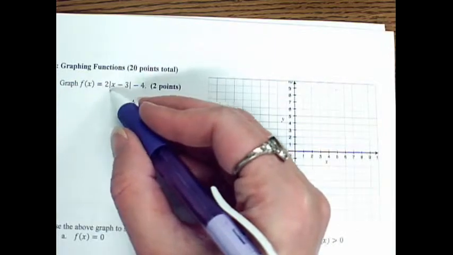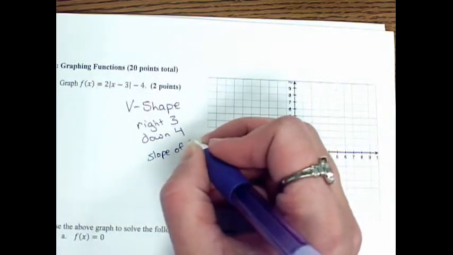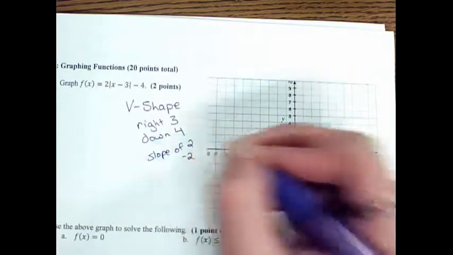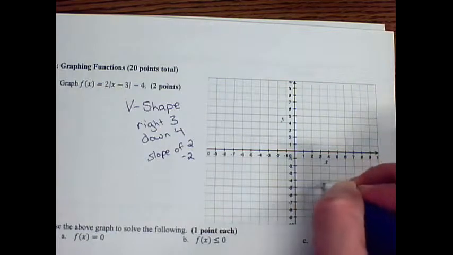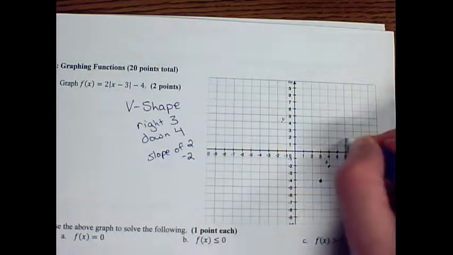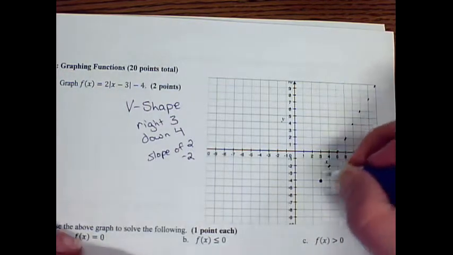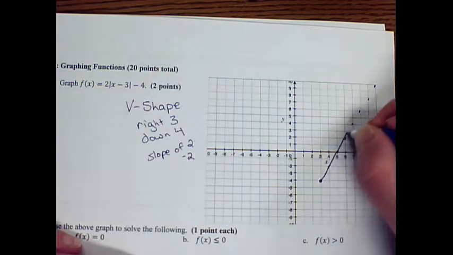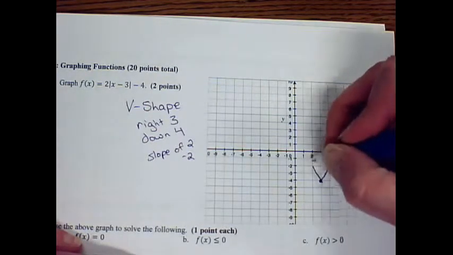The 2 in front tells me that I have a slope of 2 on the right side and negative 2 on the left side. So I go right 3, down 4, slope of 2, up 2 over 1. And this is going to be a mirror image on the other side.